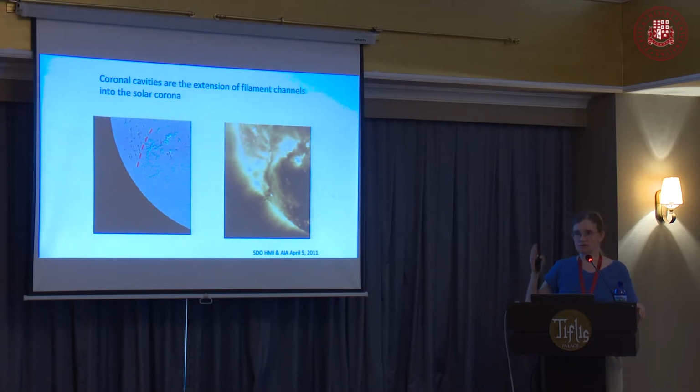And these structures, the filament channel and the cavity, will be there without the prominence. The prominence is just there sometimes. It'll be there, it'll disappear, maybe it'll erupt and reform. But you'll see these structures showing the underlying magnetic field. They're more permanent.